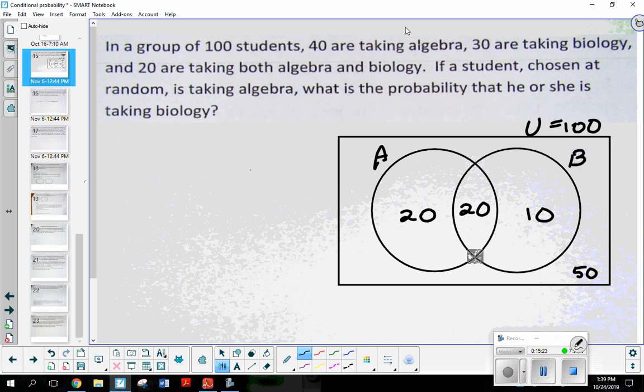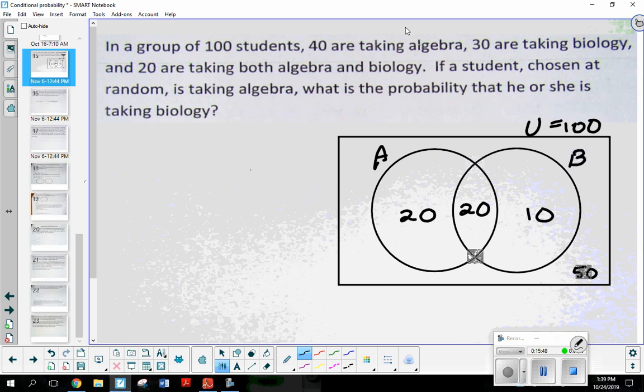Okay. Now, the reason I wanted to go ahead and bring up this particular problem was this is conditional probability. Now, we normally recognize conditional probability because of what keyword? Given, but it depends on the way that it's stated. If a student chosen at random is taking algebra, what's the probability that he or she is taking biology?